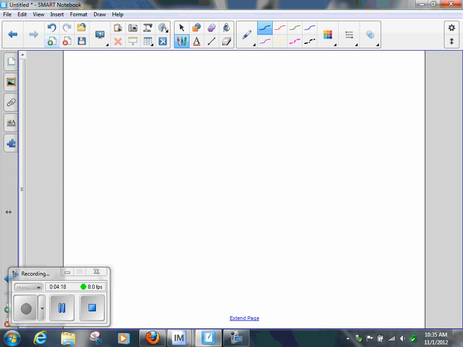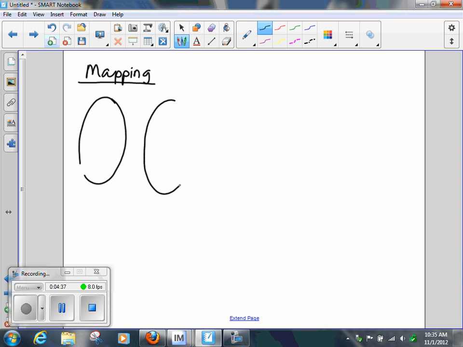Let's look at a mapping. A mapping is a way that we can represent a relation, okay? Does anybody remember what a mapping is? Do you remember what it looks like? It's two ovals, one representing the x values, one representing the y values.